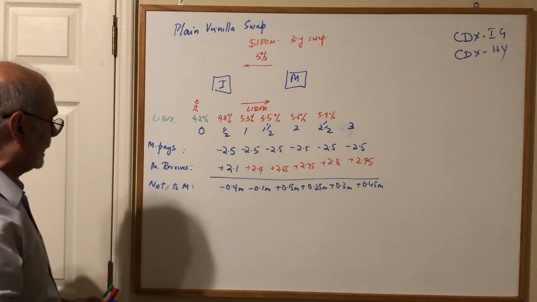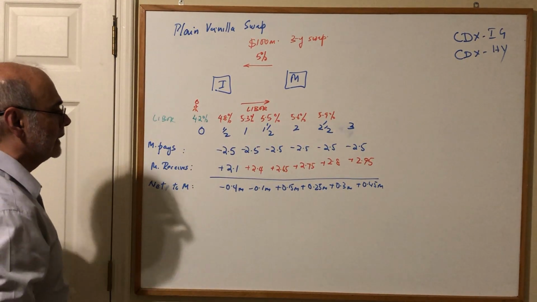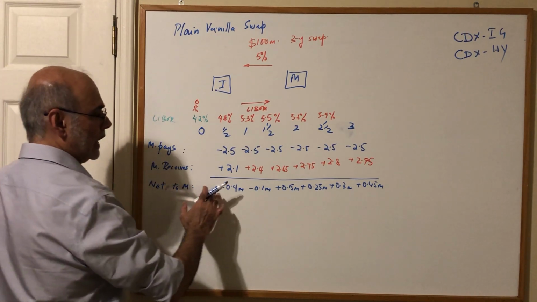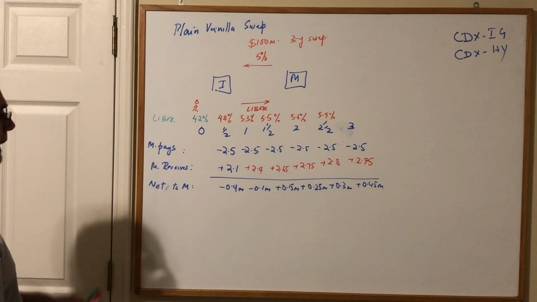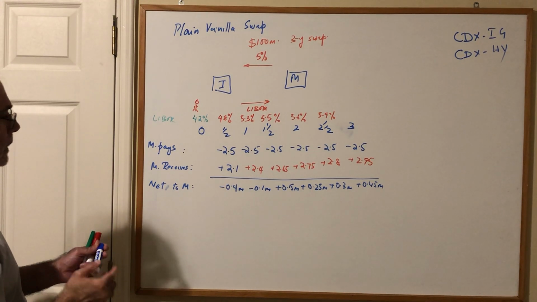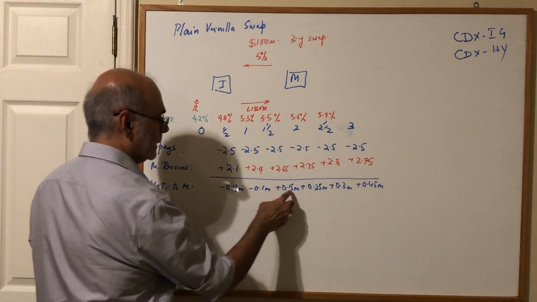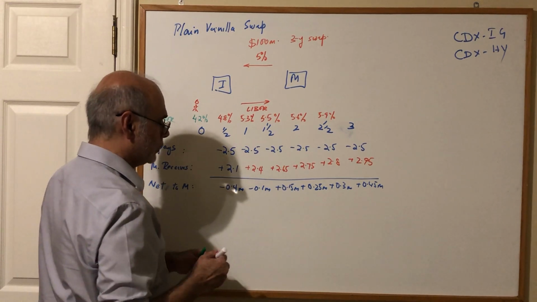Okay. Now, let's calculate. So these are the net cash flows to Microsoft, right? Okay. Again, what I should have done was put all of these in red, because I'm not sure what they are.